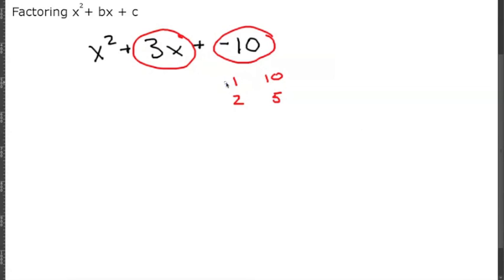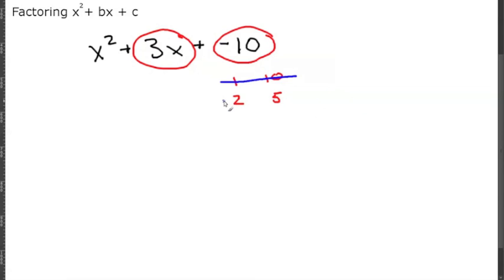So if we had a -1, -1 plus 10 would be a +9. If we had a -10, 1 plus -10 would be a -9. So neither of those would add up to be 3. If we had a +2 and a -5, we would get -3.